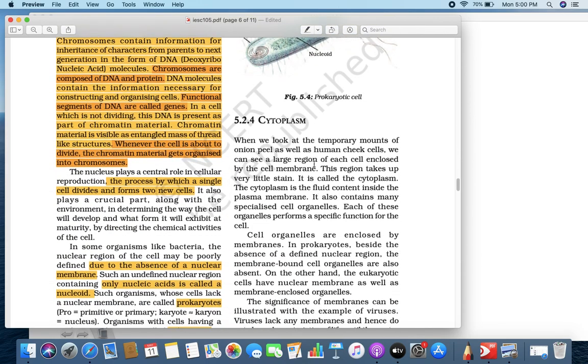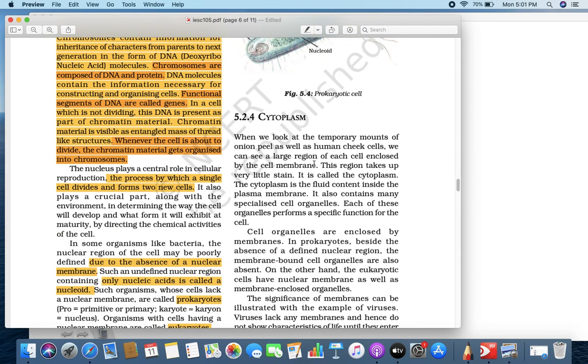Now cytoplasm. Cytoplasm is the fluid between the cell membrane and the nucleus. When we look at temporary mounts of an onion peel or a human cheek cell, yes, we can see our human cheek cell also, this region takes very little stain, it is called cytoplasm.